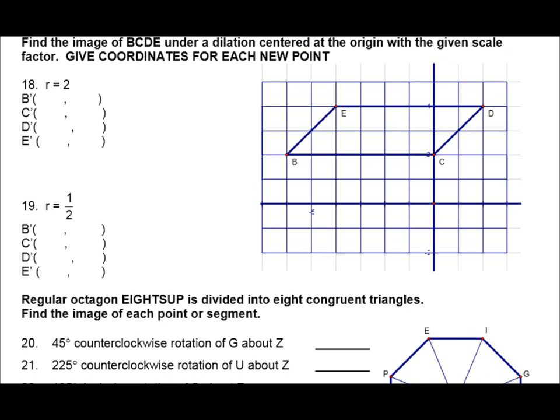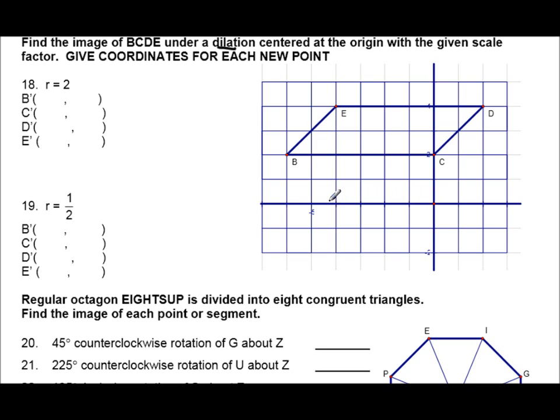Okay, number 19. It says to find the image of BCDE under a dilation, so that means a reduction or an enlargement, centered at the origin with the given scale factor. So we take our coordinates and multiply them by R, our scale factor, which is 1/2. So first let's determine what the coordinates are.